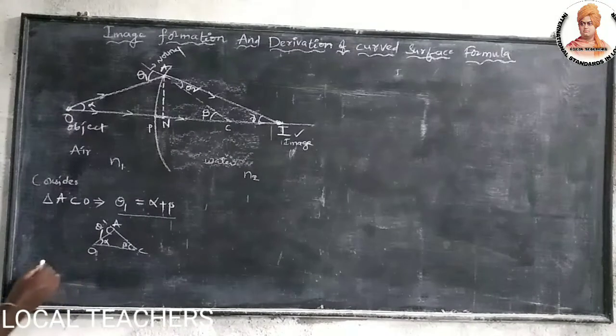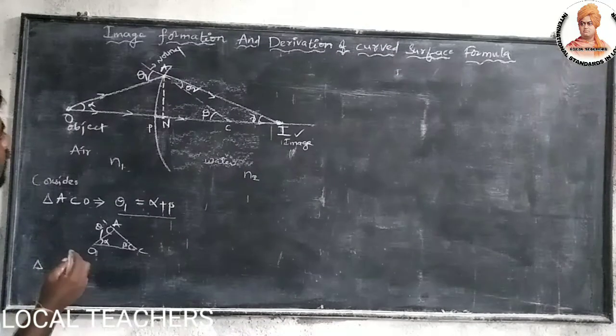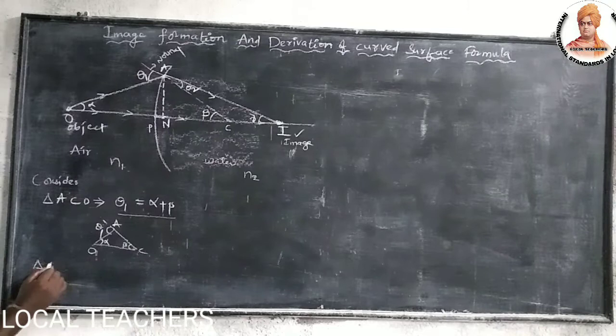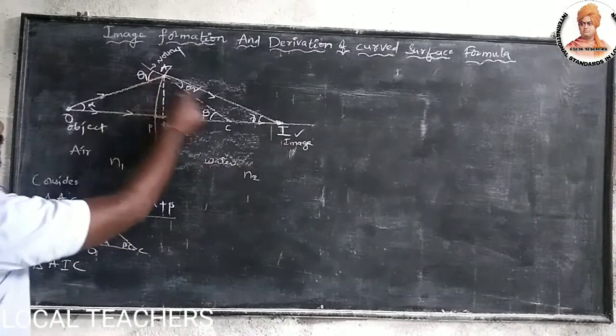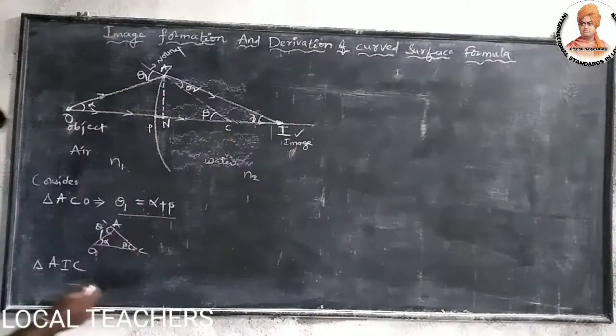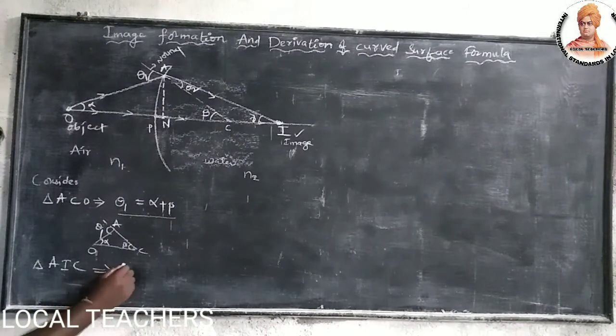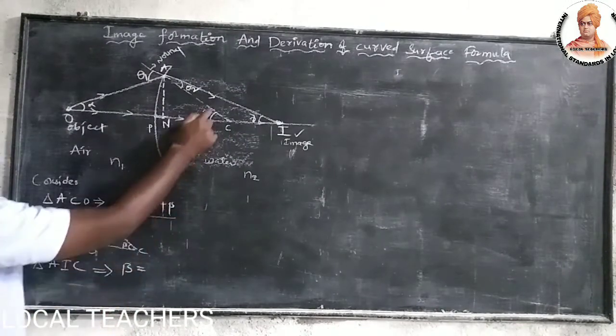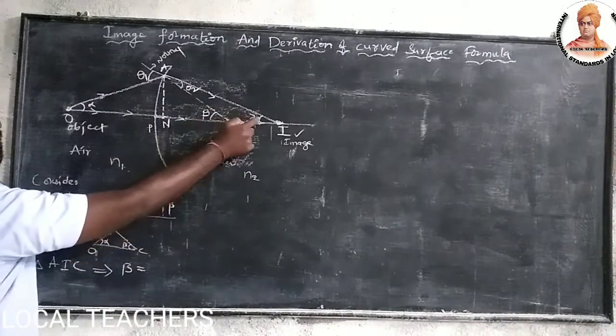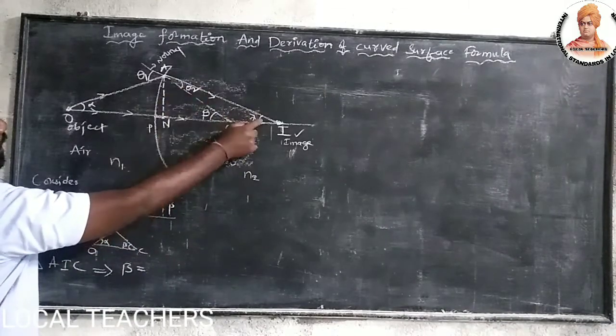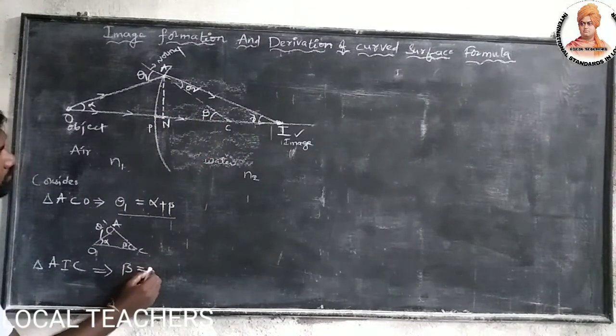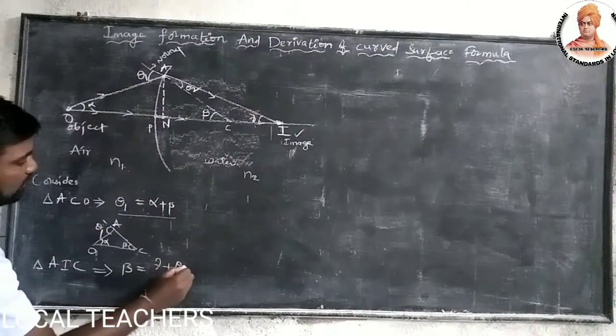Next, consider triangle A I C. In this, the external angle beta equals the sum of the opposite internal angles. So beta equals gamma plus theta 2.